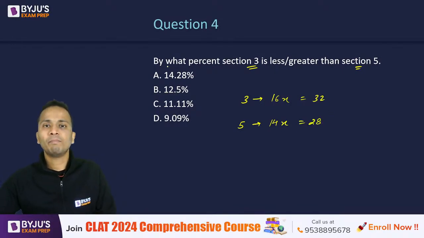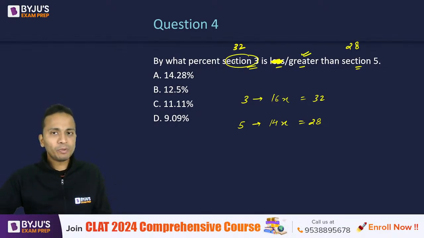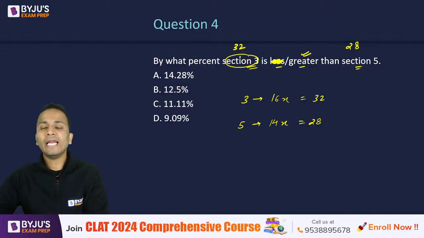So the question is, by what percentage section 3, which is 32, is less or greater than section 5, which is 28? Obviously 32 is greater than 28. So by what percentage is 32 greater than 28?